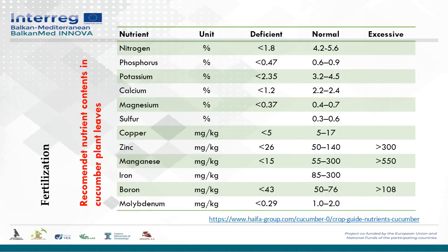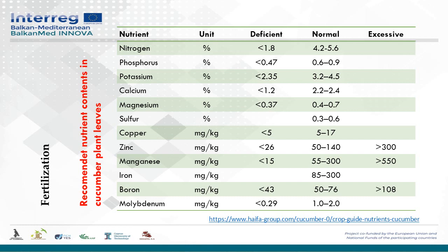And like for the other crops, the best method to estimate whether the respective fertilizer program is correct or not would be the evaluation of the respective concentration of main nutrient elements in cucumber plants with the recommended range of these nutrient elements.